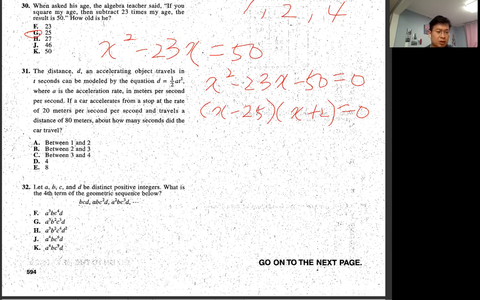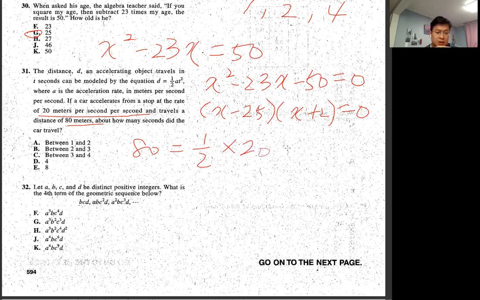The distance d, acceleration, this one. Okay, if car accelerates at rate of this one per second squared, travel distance is this. So distance is 80, 1/2.